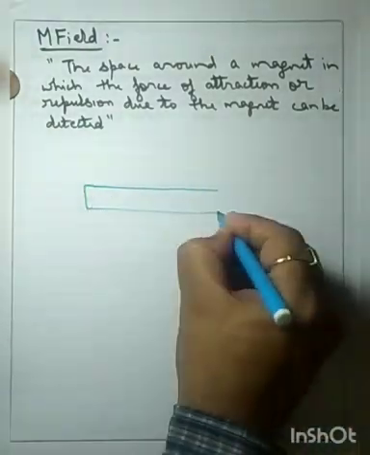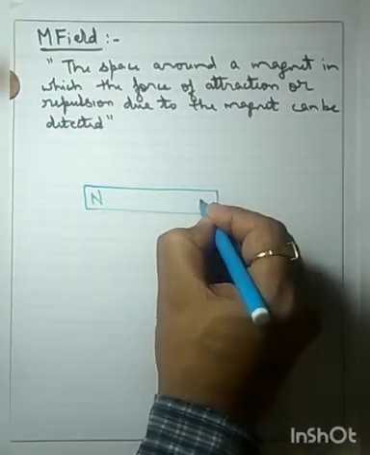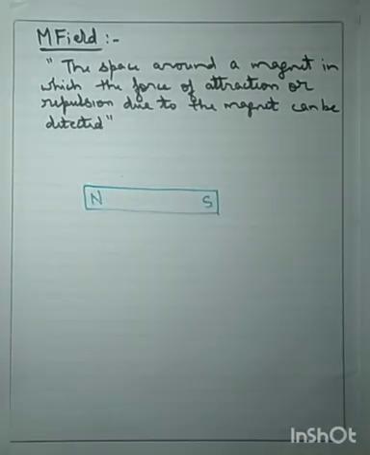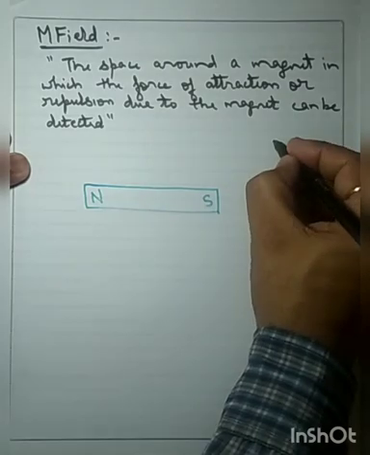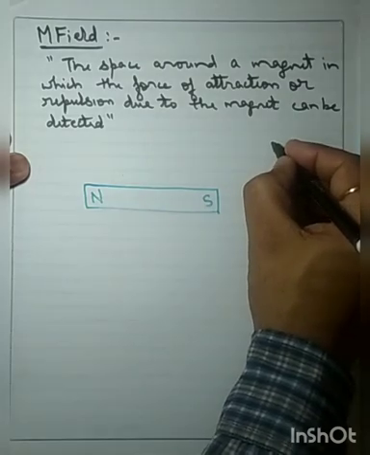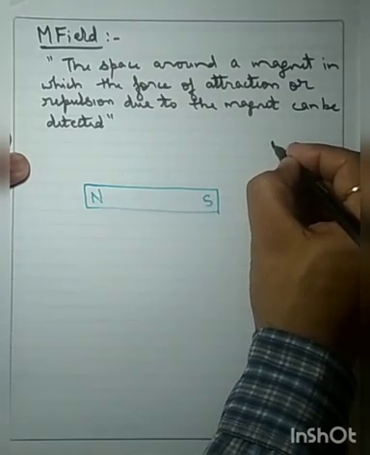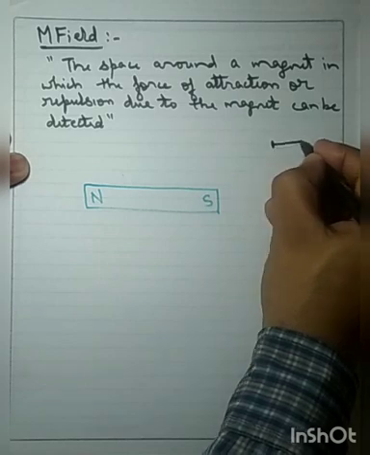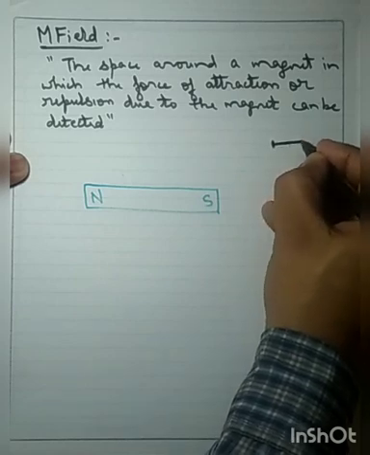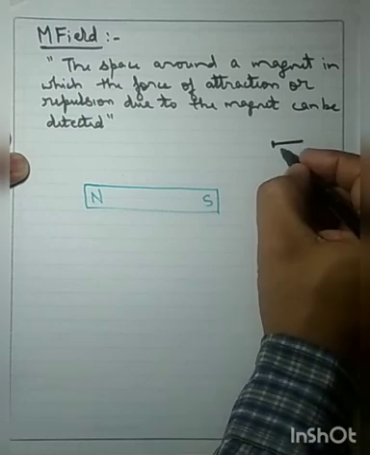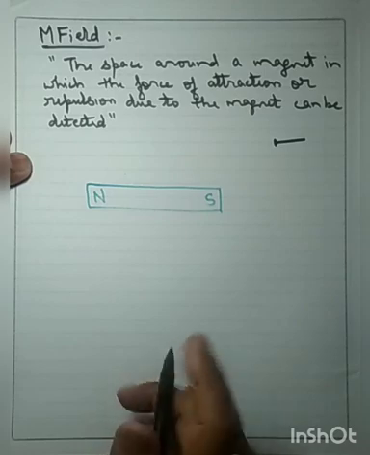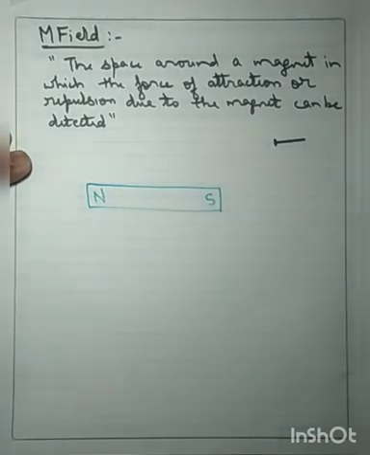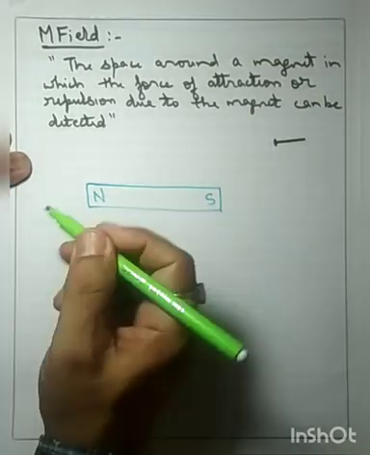Suppose this is a bar magnet having north and south pole, and there is a nail which is made up of iron, which is at some distance away from this magnet, and we know that each and every magnet has got its magnetic field.